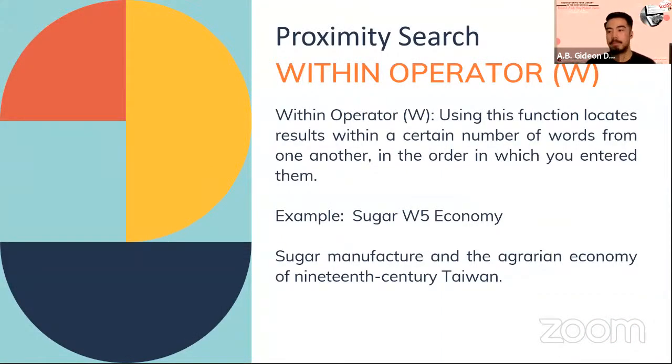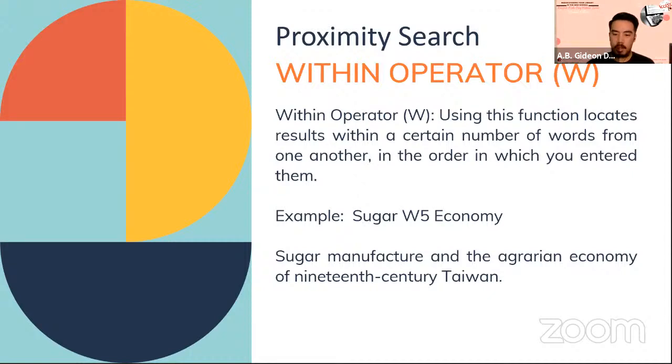Usually this operator involves the letter W. What this does is that the search engine would locate two of your keywords and supply words in between, depending on the number that is indicated.